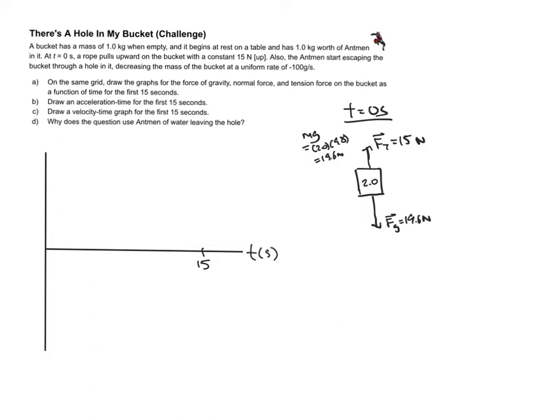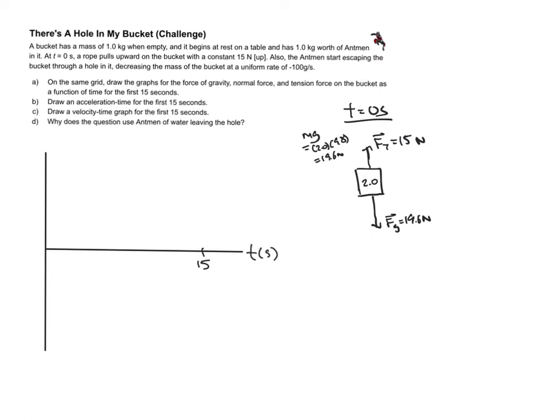And the bucket's at rest on the table, and you may think the person's going to pull it, so it's going to move upwards, but it is not going to move upwards right now because 15 newtons is not enough to overcome the gravity. But I do need the forces to balance out.